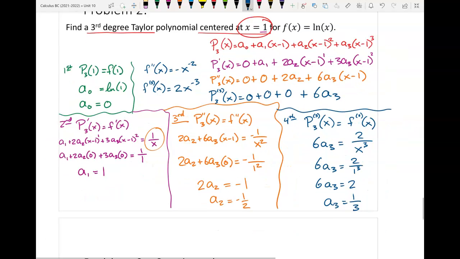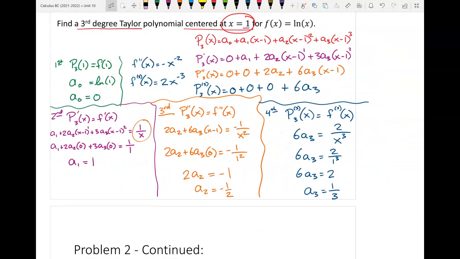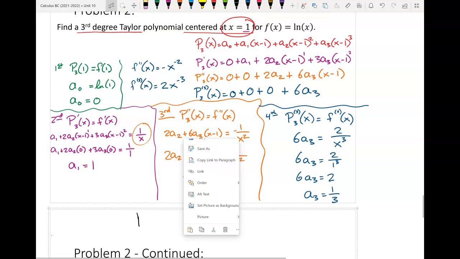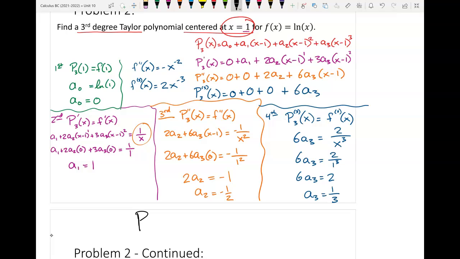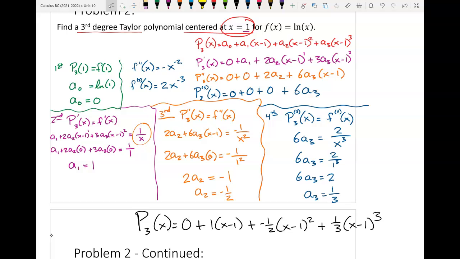All right. Now that I know all of my coefficients, I can go ahead and build my polynomial. So my third degree polynomial, p sub 3 of x: my a sub 0 was 0, so that would be 0 plus, my a sub 1 was 1, so 1 times x minus 1, plus negative 1/2 times x minus 1 squared, plus 1/3 times x minus 1 cubed.